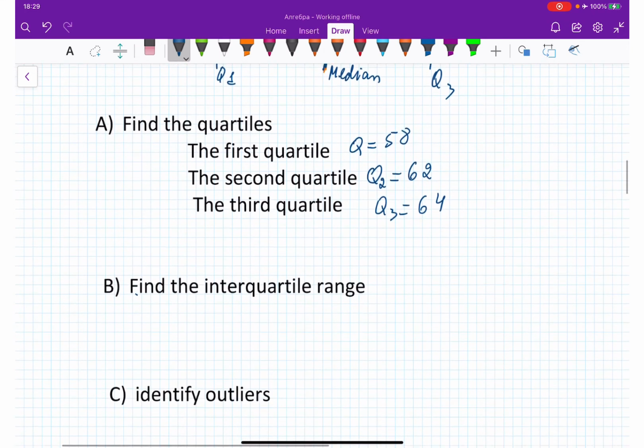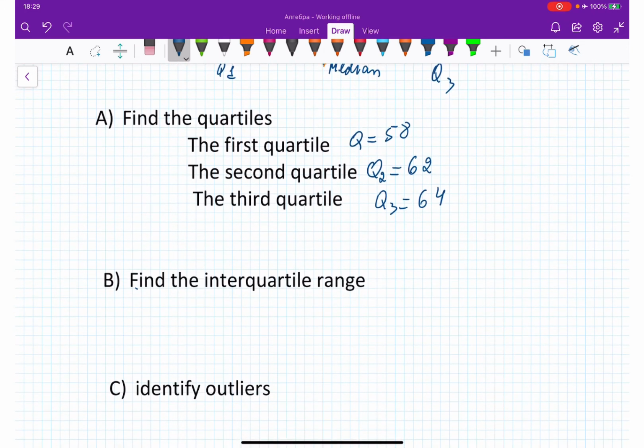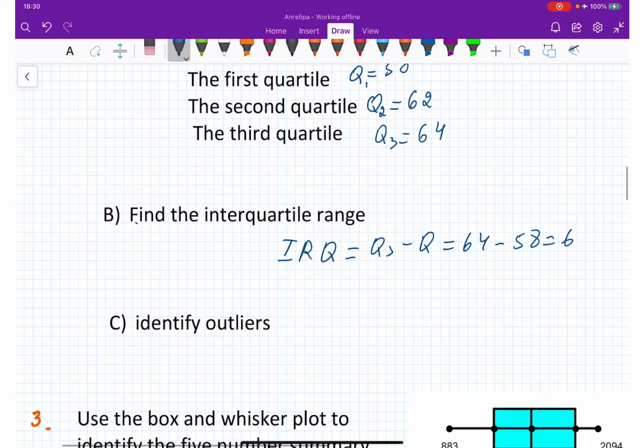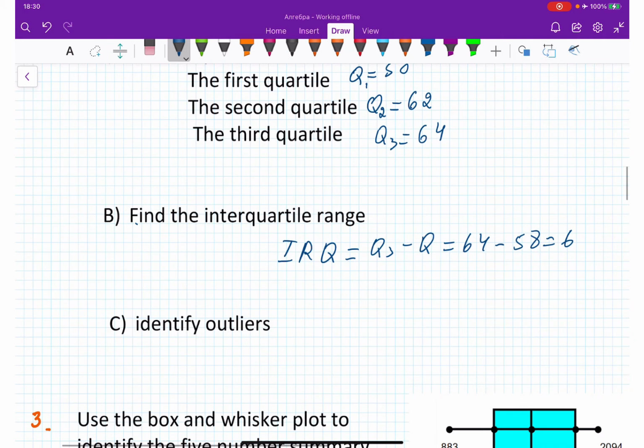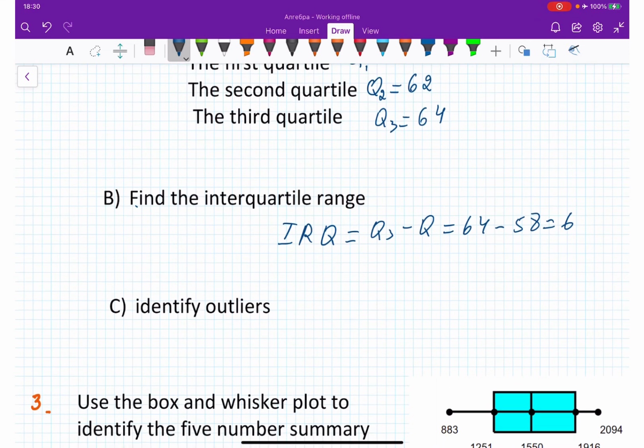Okay, next we need to find the interquartile range, which is pretty simple, Q3 minus Q1. It's going to be 64 minus 58, which is 6. So it's not much spread, it's only 6. And identify outlier.